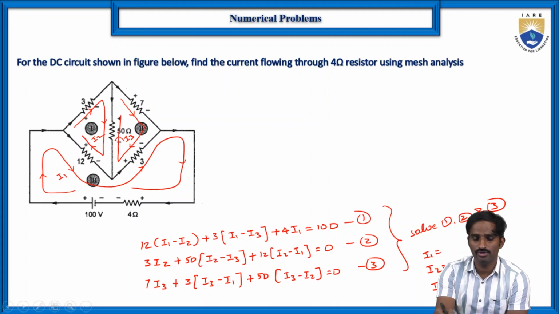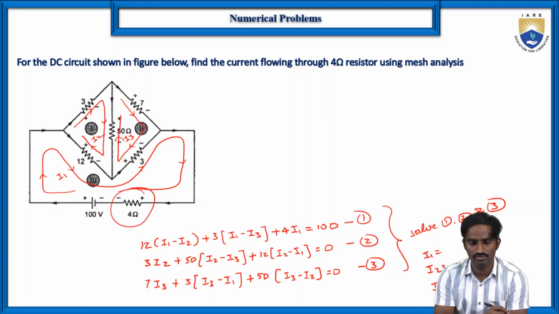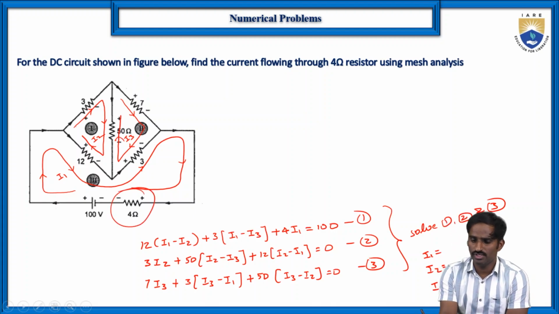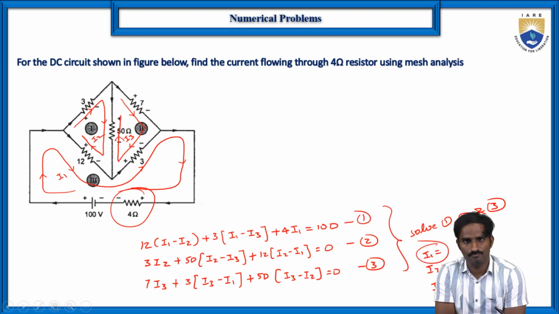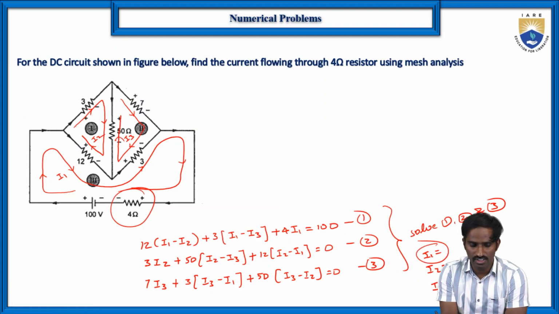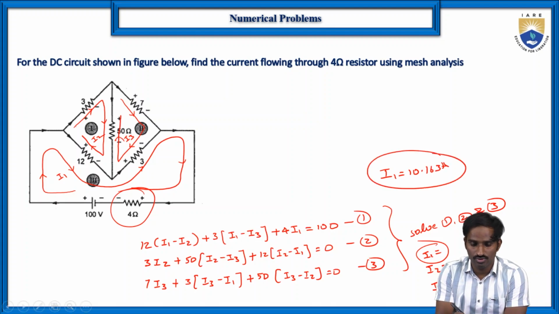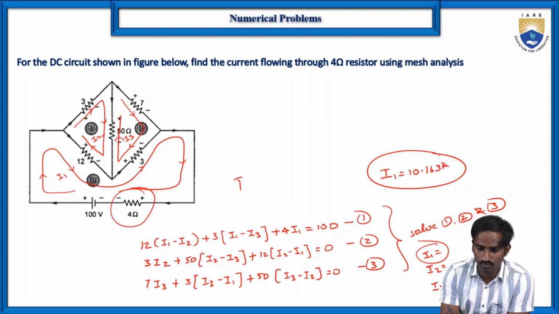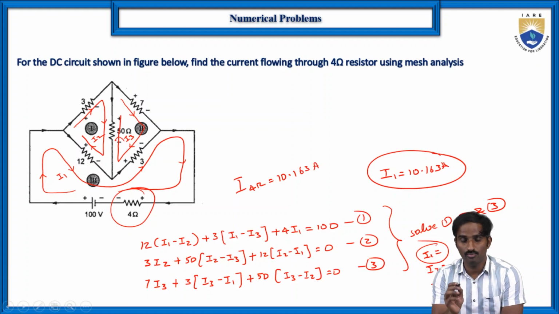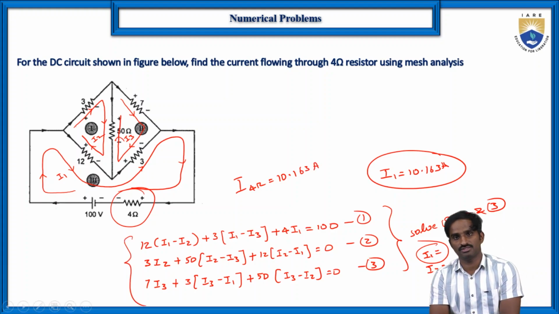Of course, here according to the problem we need to find the current flowing through this 4 ohms resistor. So here we need to find only the value of I1. Okay, so if you solve these 3 equations, then you will get the value of I1, which is equal to 10.163 amperes. So this is the current flowing through the 4 ohms resistor, which is equal to 10.163 amperes.